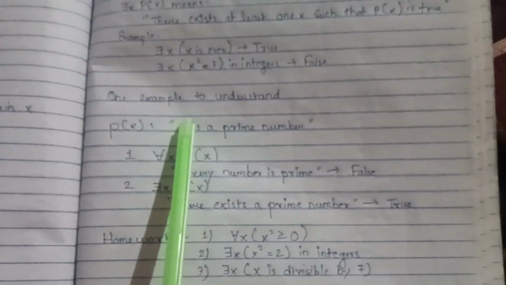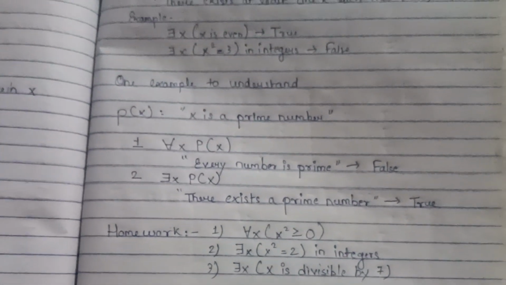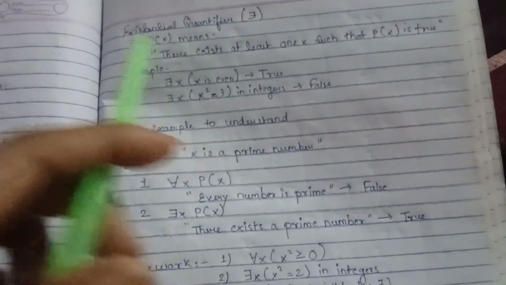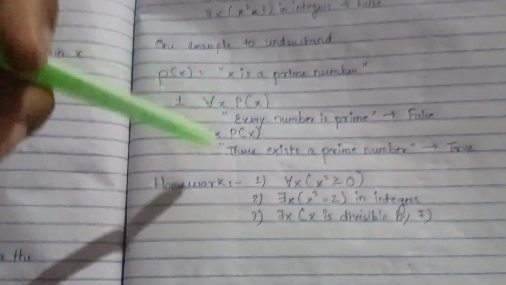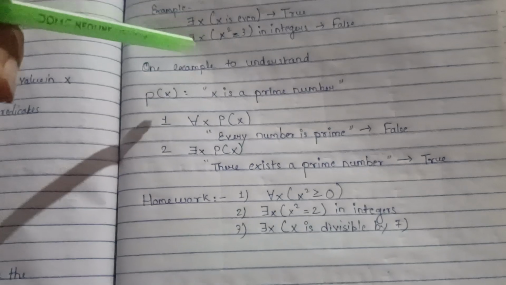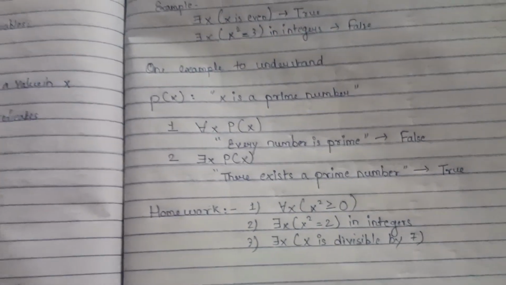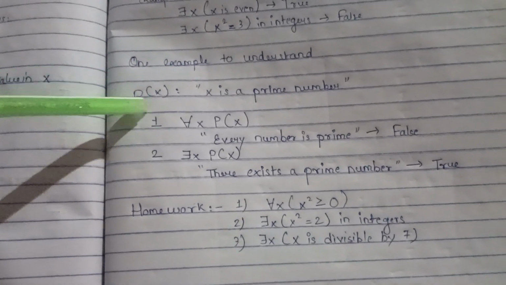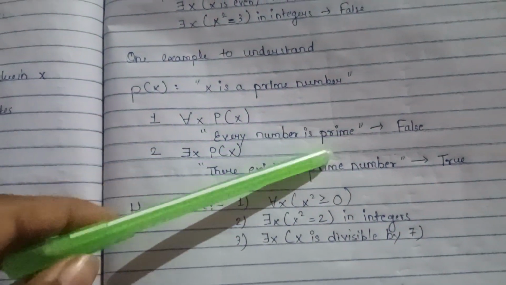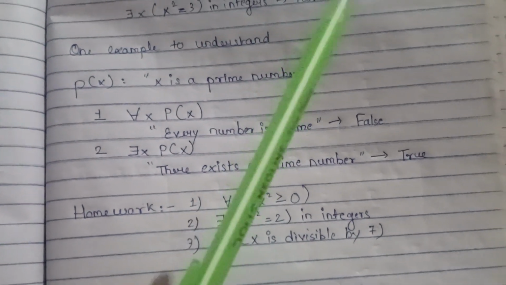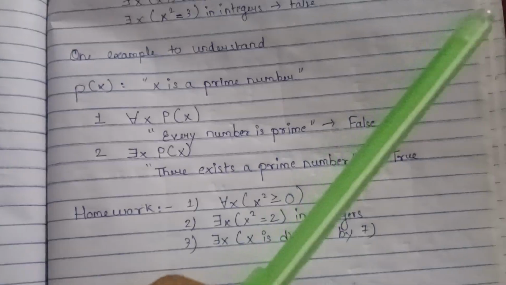So one more example to understand. With this I somewhat get the universal or the existential thing. So let's see this. P(x): x is a prime number, which is divisible by itself and by 1.